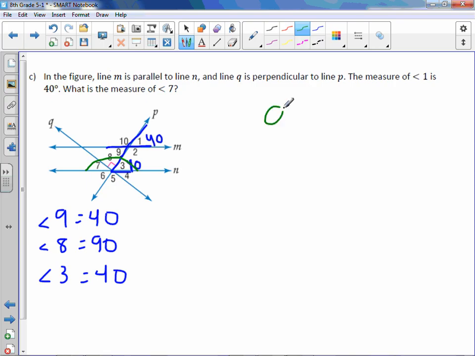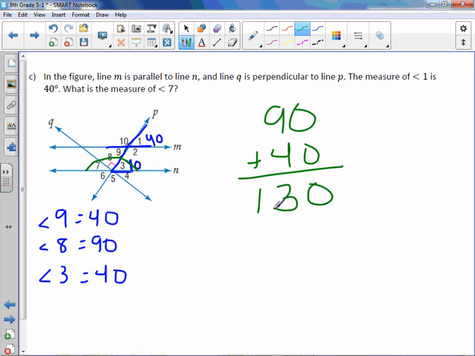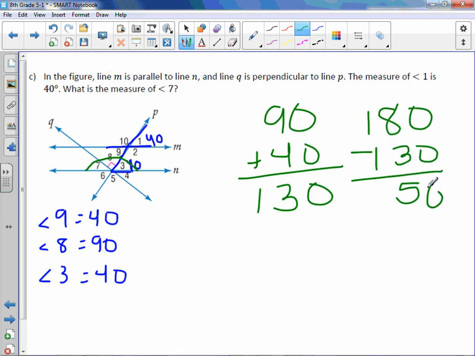So let's add our 90 degrees for angle 8 and our 40 degrees for angle 3, and we get 130. And to figure out angle 7, we subtract it from 180 degrees, and we get the measure of angle 7 equals 50 degrees.